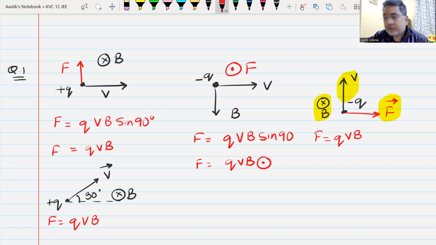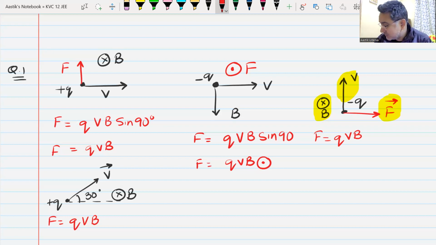Z. Minus K. In which plane is the velocity V? XY. And the magnetic field is in the minus Z axis. What is the angle between the XY plane and the minus Z axis? 90. That is the answer, 90.